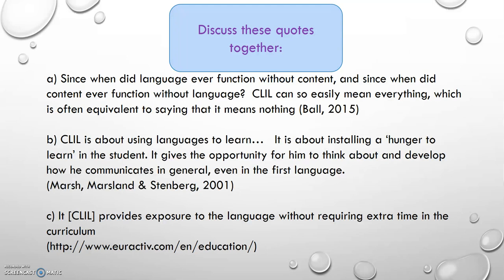It's more about learning through learning language and giving students that intrinsic motivation that comes from inside, that curiosity that's within every young person to study a subject. And finally, look at the third quote, which I found online. It provides exposure to the language so that extra English lessons are not so necessary in the curriculum because you're learning English all the time, yeah?